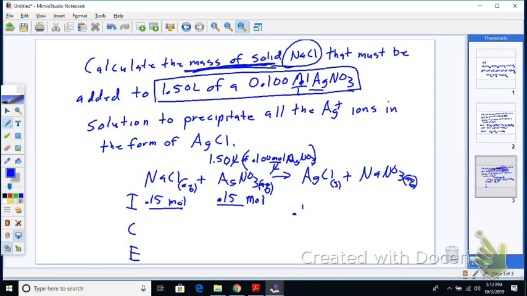So then it would be 0.15 moles of NaCl, and then we multiply by its molar mass. So, anybody have sodium chloride memorized? 58.45 grams per mole. And then we get our answer. That's how you do a problem like that. So it'd be 8.77 grams.